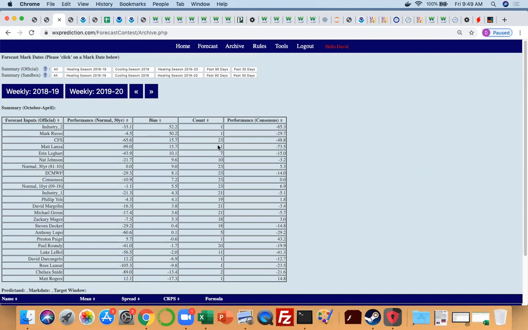If you thought it was too warm that particular week, you could have bias corrected it up 10 degrees and you would have been in the same area as the EC.